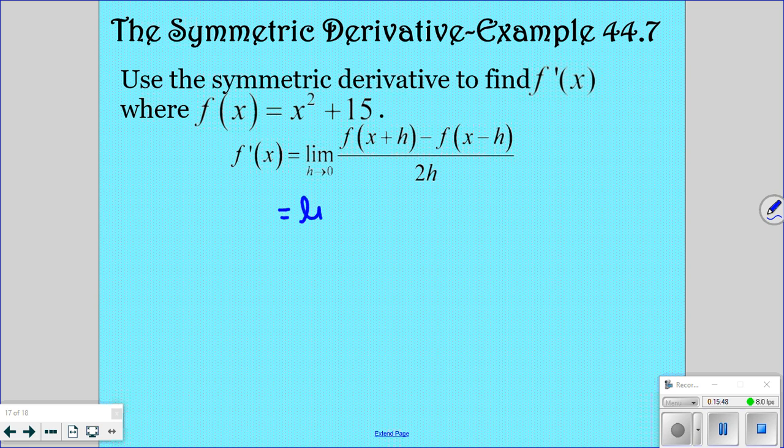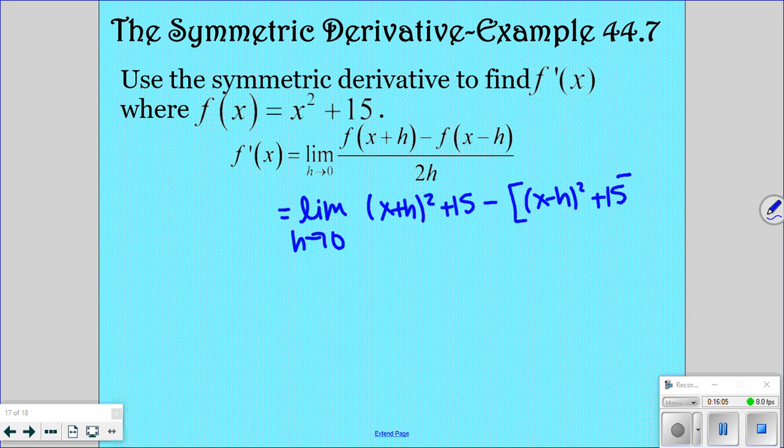So the limit as h goes to 0, and our function is x squared plus 15. So it's going to be x plus h squared plus 15, and then minus, make sure to put parentheses, x minus h squared plus 15, because we have to distribute the negative to both of those. And then over 2h. So now you have to distribute your numerator.